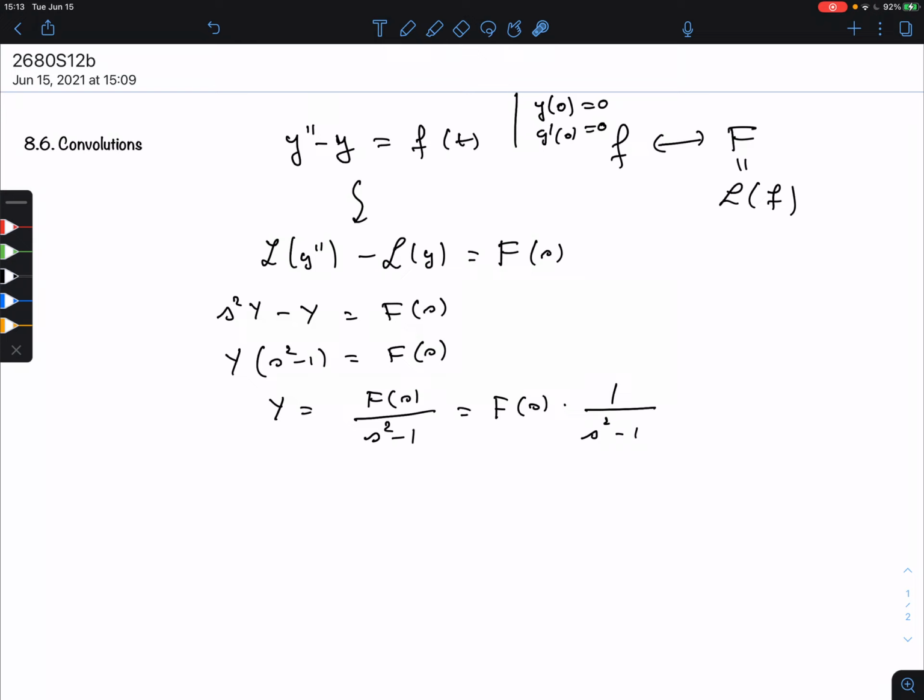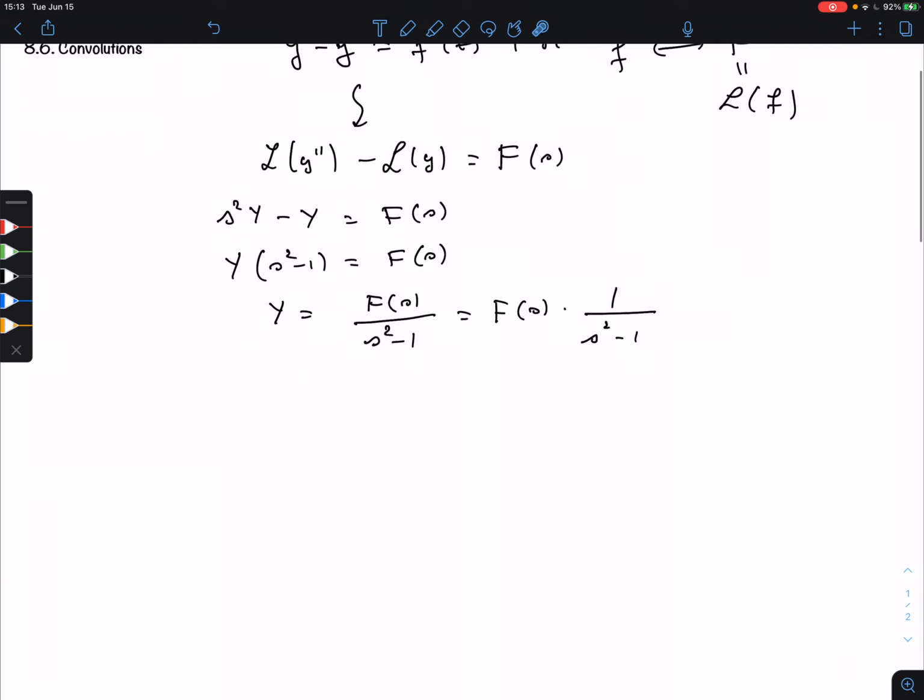But what if this F(s) is a much more complicated function? It might not be a rational function, so we cannot do the partial fraction method. So what is going on here? We have this function F that we know, and this function that comes from our left hand side, and we multiply them. So this is a very special case of having the product of two functions.